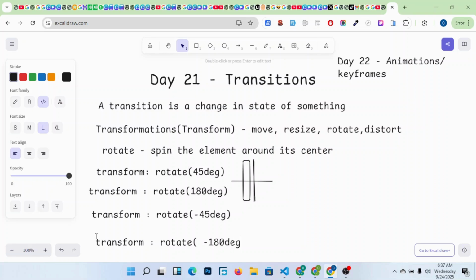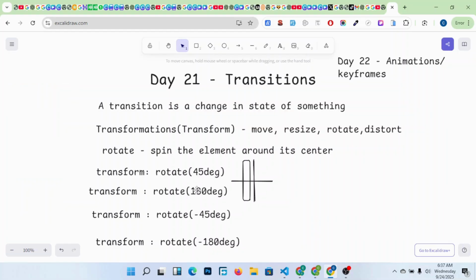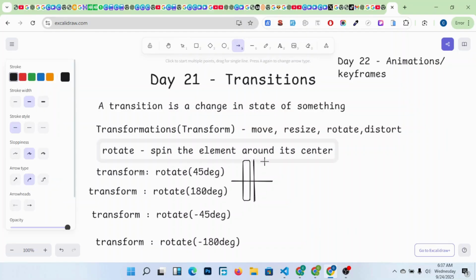If I come and say something like this, by default, you know very well that 180 degrees is going to come from here like this, up to down here. This is 180 degrees.